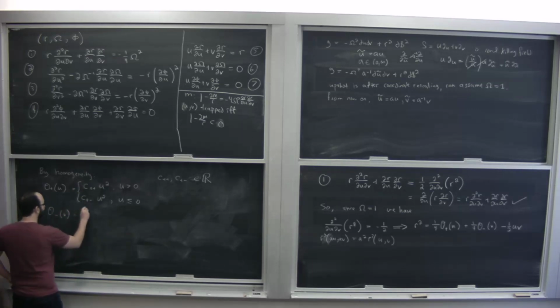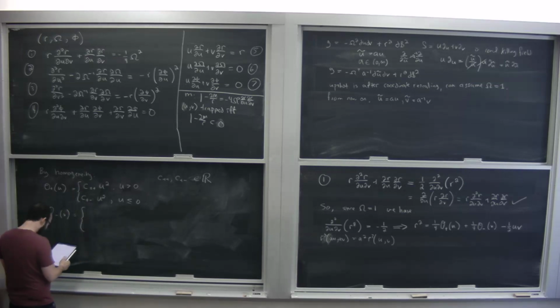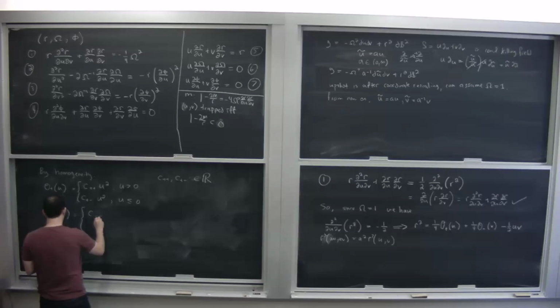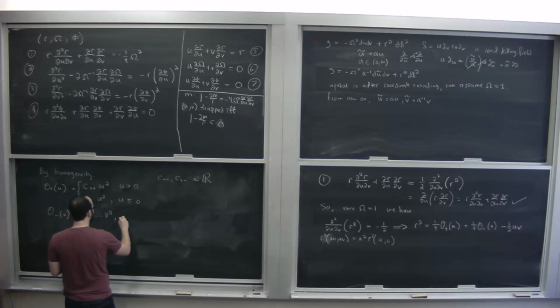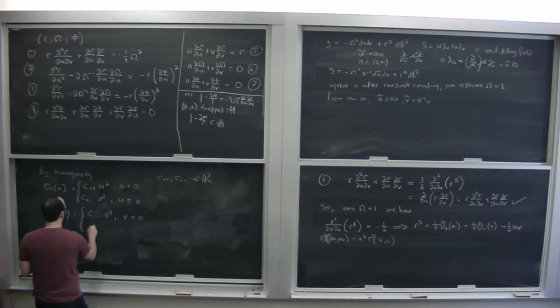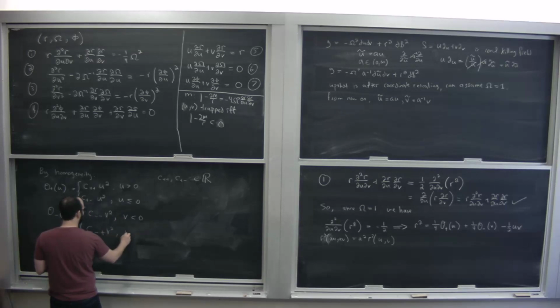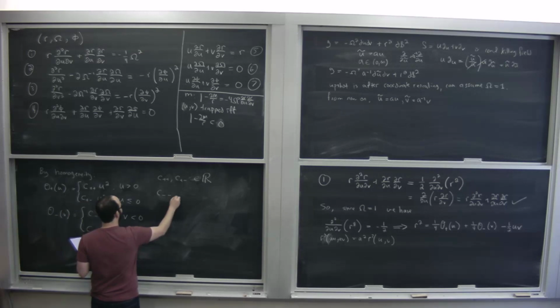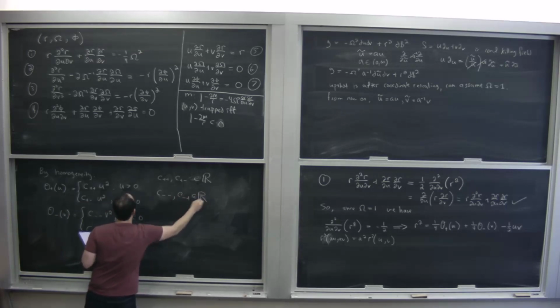And theta minus of v has a similar thing. Again, I'm trying to follow Christodoulou's notation here. He called this c minus minus v squared for v less than 0, and c minus plus v squared for v greater than or equal to 0, where c minus minus and c minus plus are real constants.